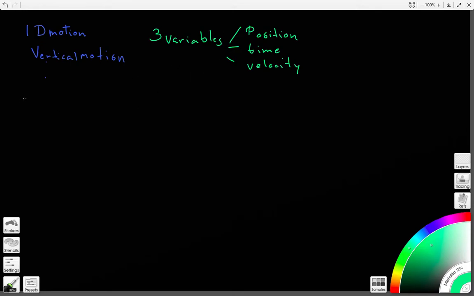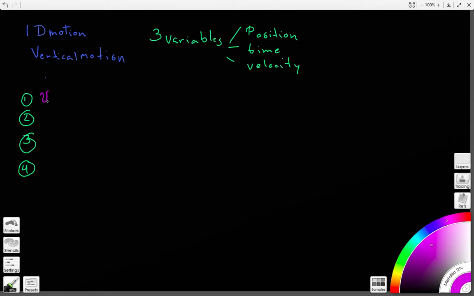So let's call this equation 1, equation 2, equation 3, and equation 4. Let me change colors. Magenta. Okay, so equation 1 relates velocity with acceleration.